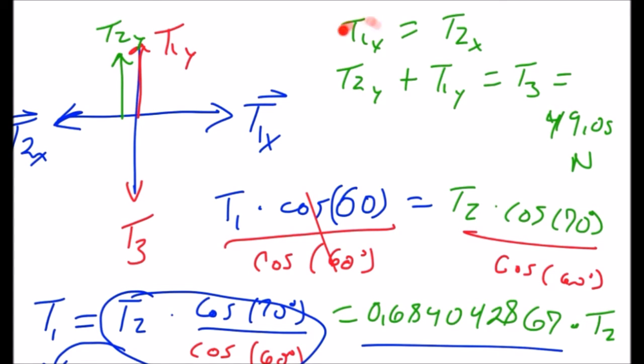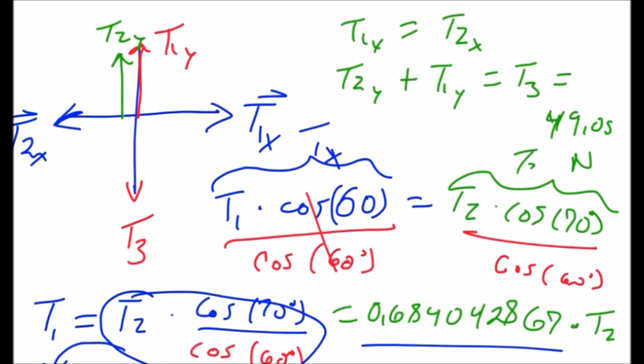Now, T1x has its own equation, so that's where we came down right here. We said T1 times the cosine of 60. That is T1x. All of this right here, that's T1x, right? Okay? And we know that that's equal to T2x, which is what this stuff is right here. That's T2x. Everybody with me still so far?